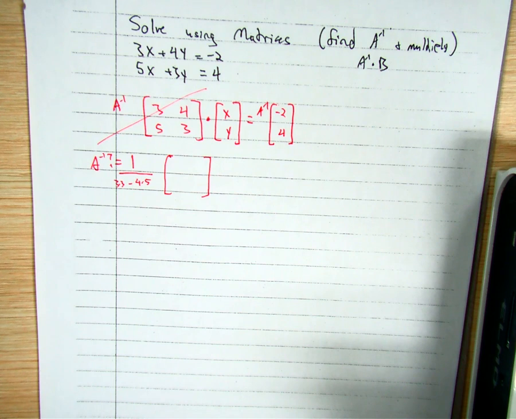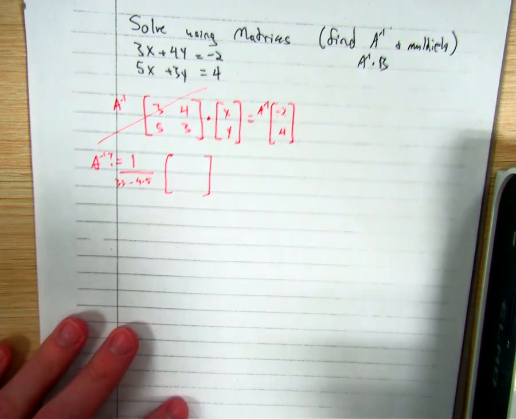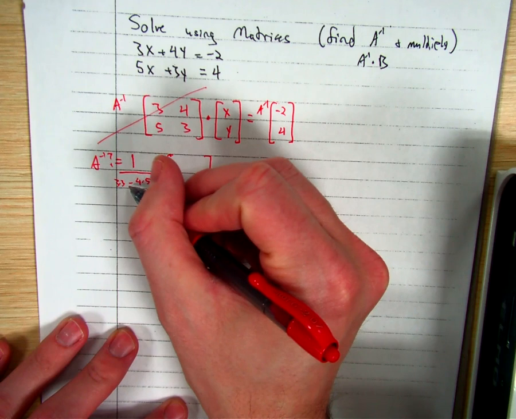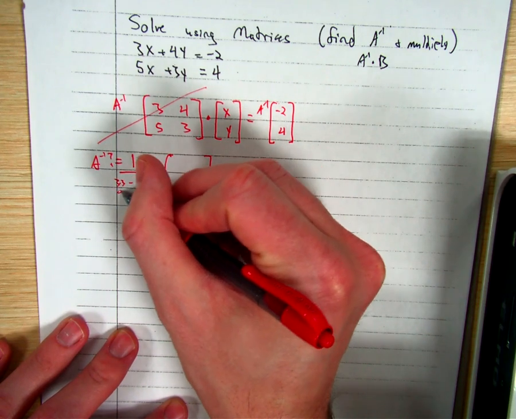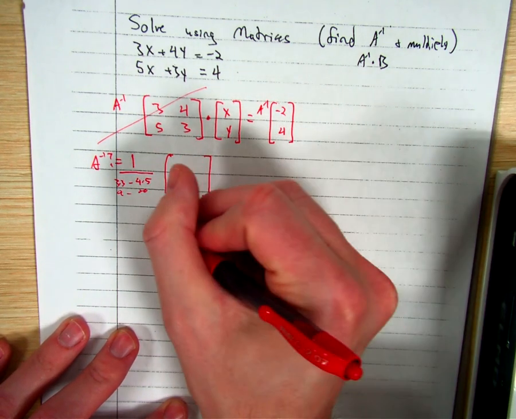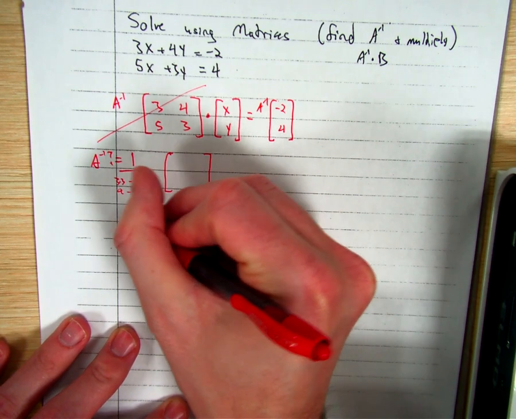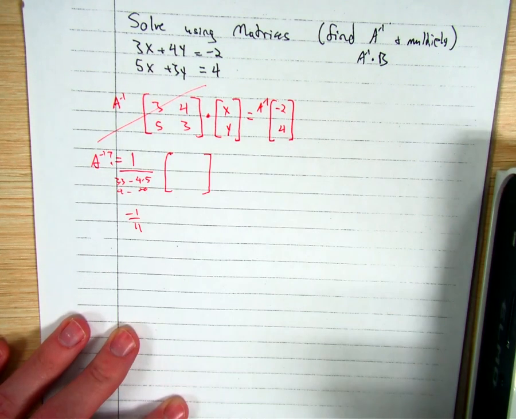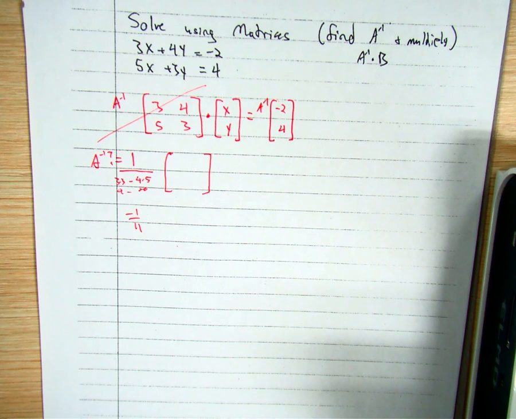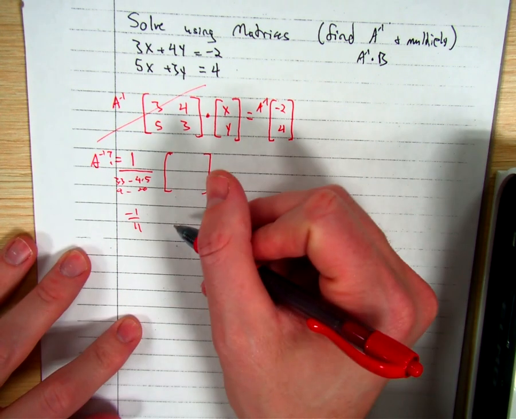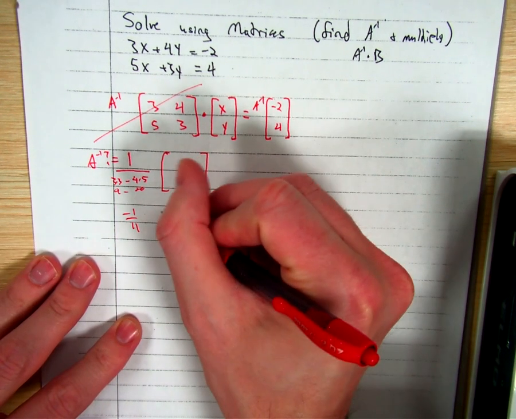Okay? So 1 over 3 times 3 minus 4 times 5, that's 9 minus 20. We're going to have negative 1/11. Yes, the 11 is the thing that's negative, but it doesn't matter. Negative 1 over 11, 1 over negative 11, it's the same thing.